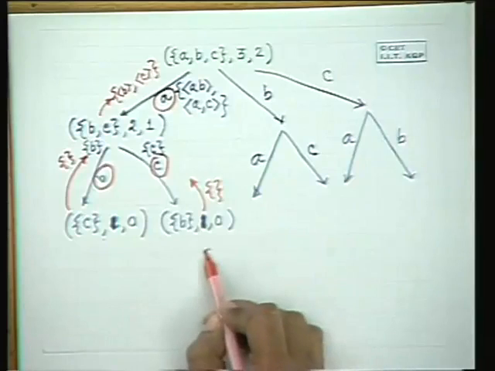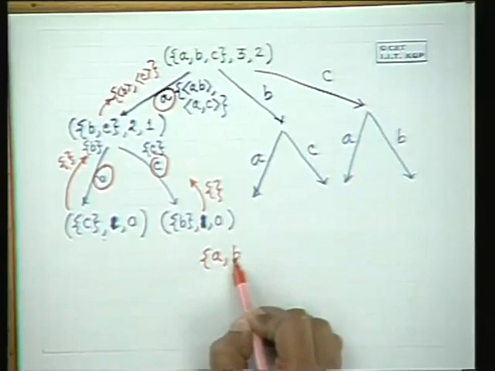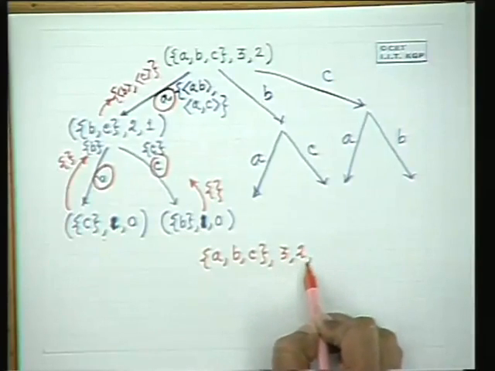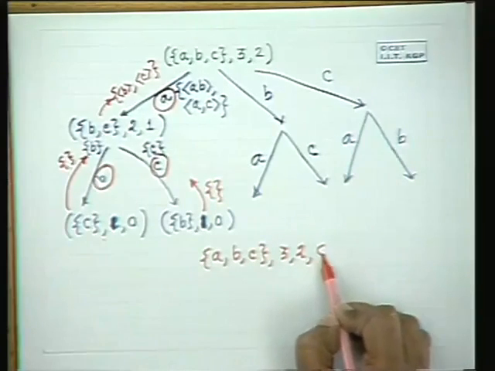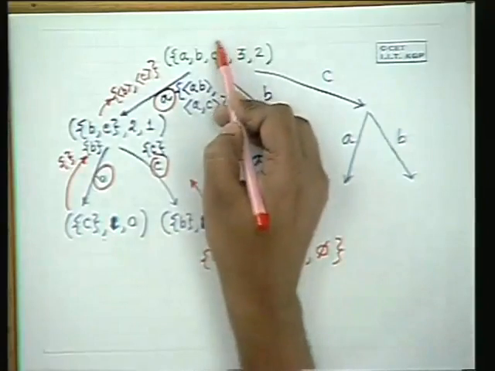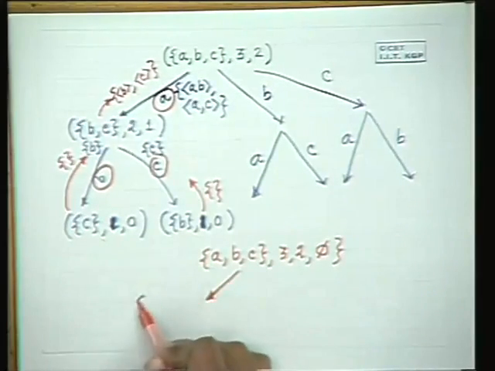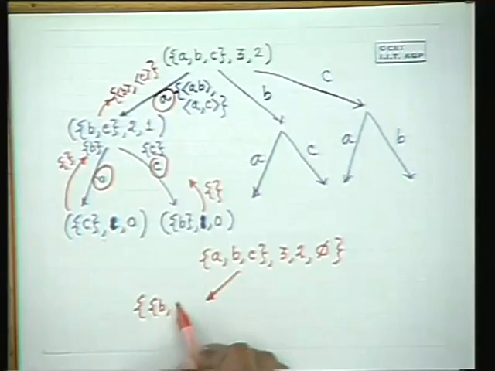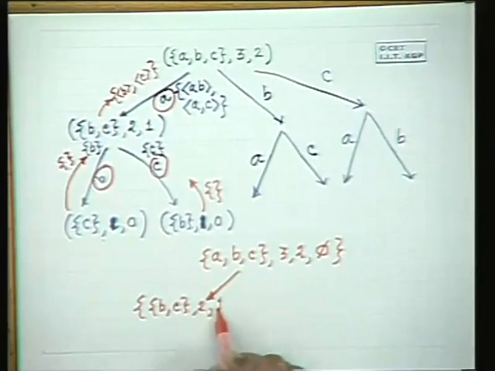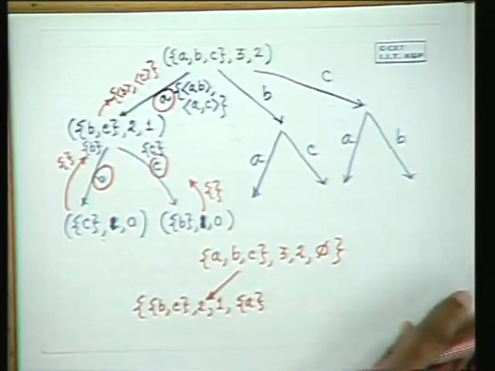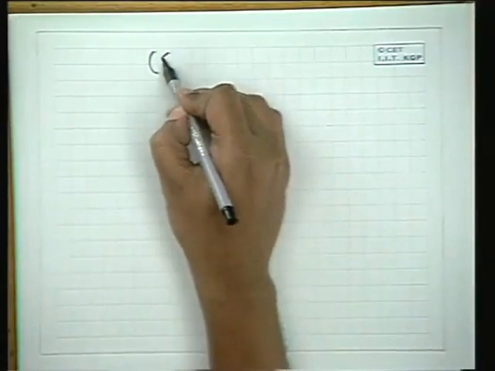That is, when you are calling A, B, C with 3, 2, you call it with null. That is, up to here nothing has come, and then when you come here with B, C, 2, 1, you store A. So let us see it in slightly more detail, then we will get a better picture of what we are doing.